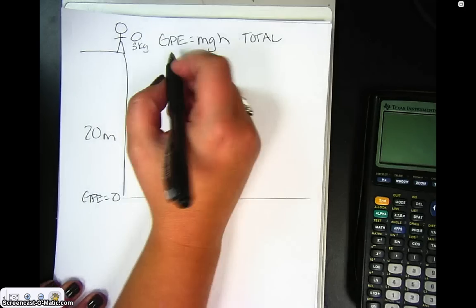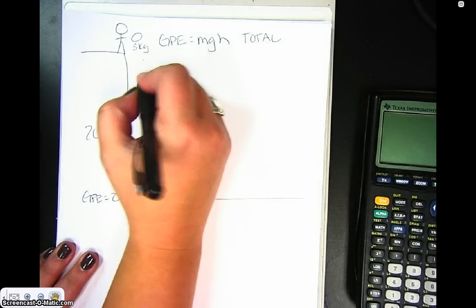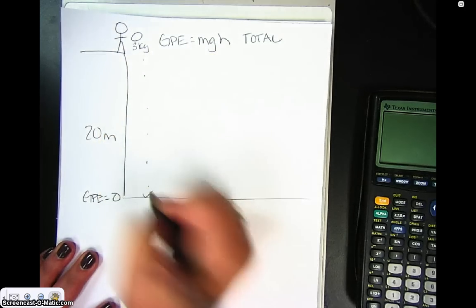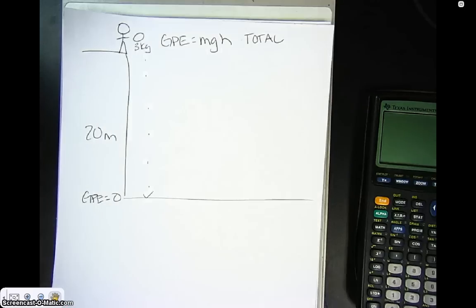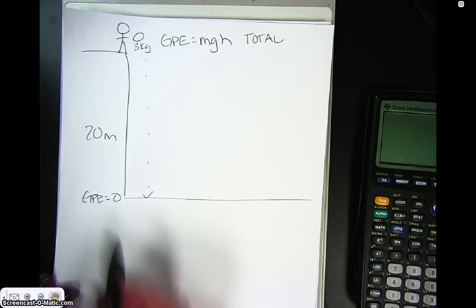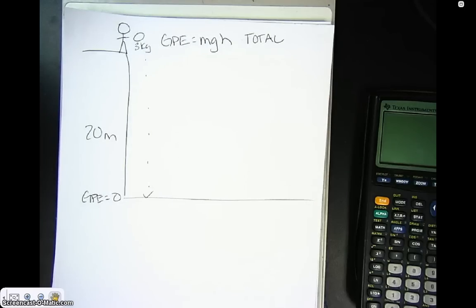If I were then to release that ball, we know from our very first unit that it starts to fall to the ground and gain speed, and we learned all of our constant acceleration equations, so we could calculate how fast it was going at any point or at any height. Now we're going to use the idea of gravitational potential energy, kinetic energy and conservation of energy to quantify those things, which is much easier.